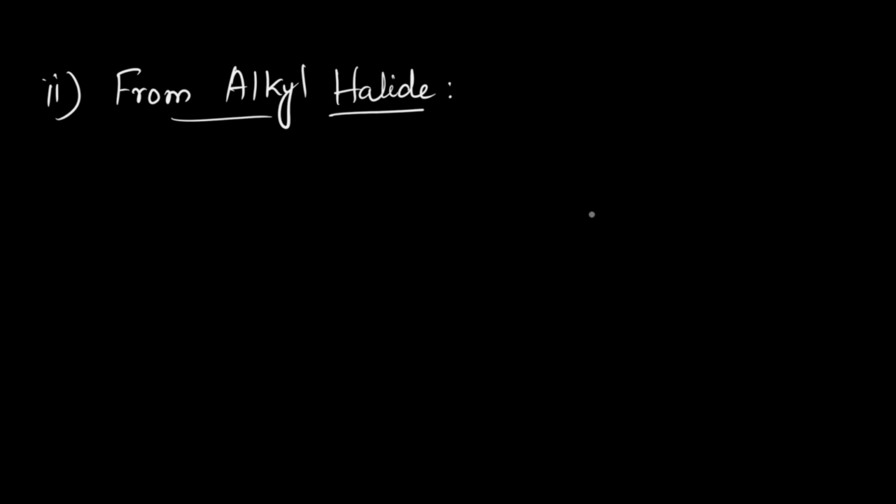As a second preparation, from alkyl halide. I told you, right? The haloalkanes chapter will be easy for you. From alkyl halide, say for example, I am taking RX, treating it with 2 moles of Na. 2 Na means I have to use another RX or XR. You can write it in either way.